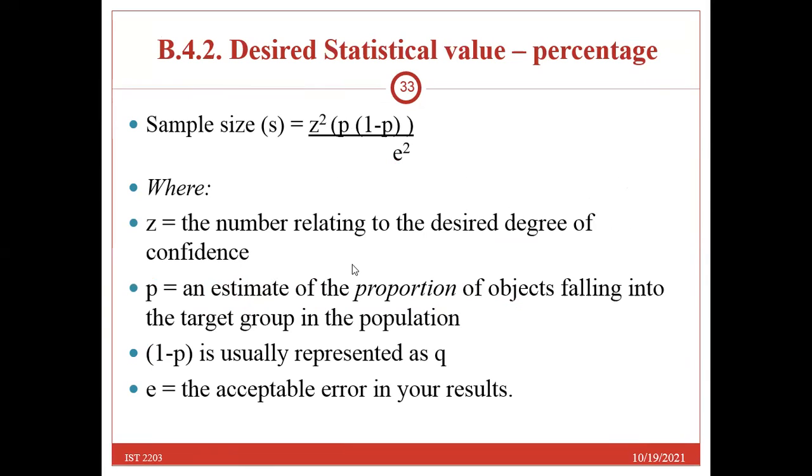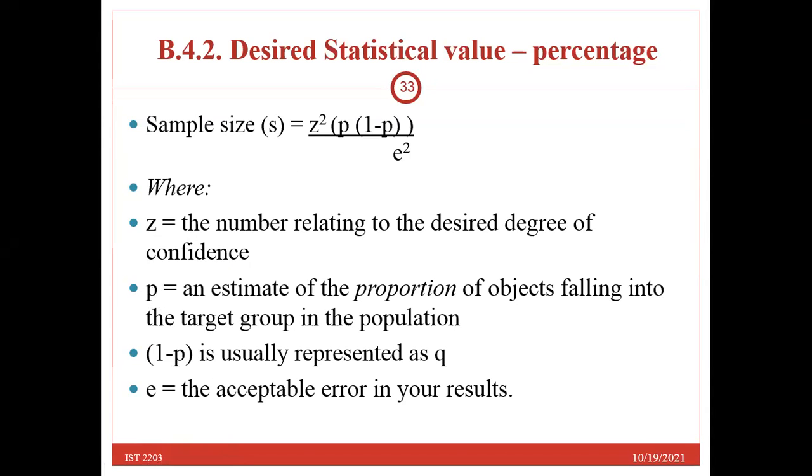Next we have the equation if what you are looking for is a proportion or a percentage of something. Here, Z is the same Z as in the previous equation, and E is also the same E. But there's a new parameter called P, whereby P is an estimate of the proportion of objects falling into the target group in the population.